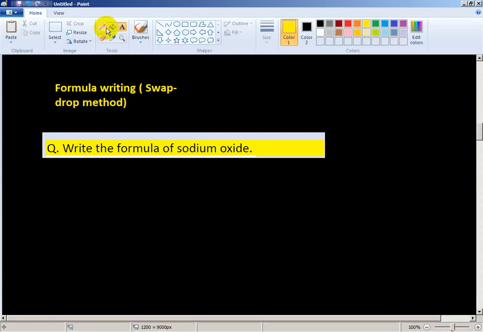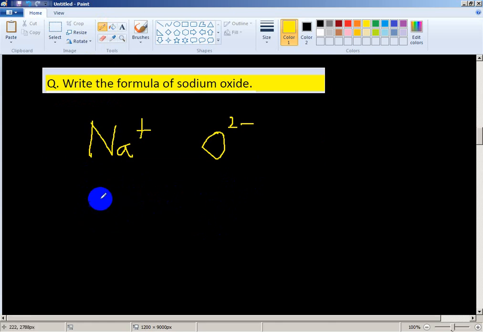So we know sodium is Na plus, sodium ion, and oxide ion is O 2 minus. So at first we swap. Here 1 charge, here 2 charge, so we swap this charge.